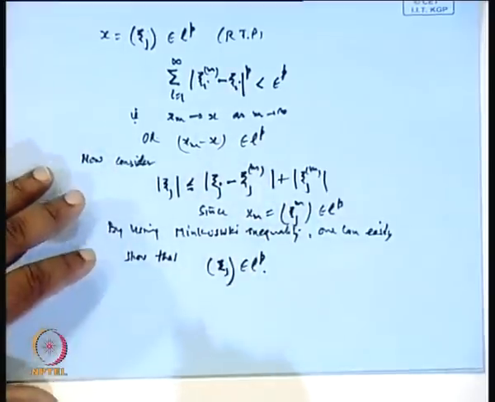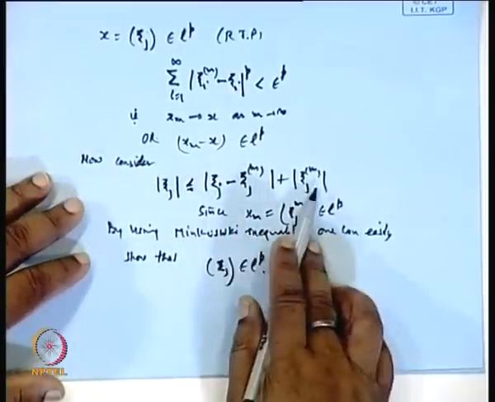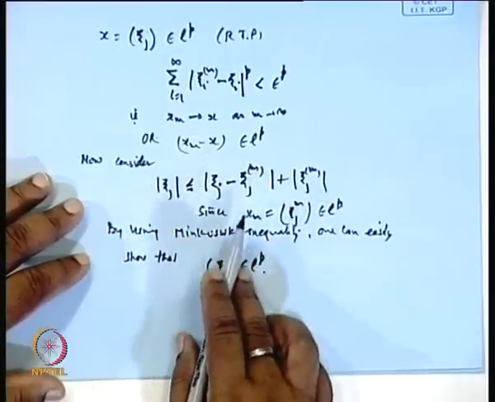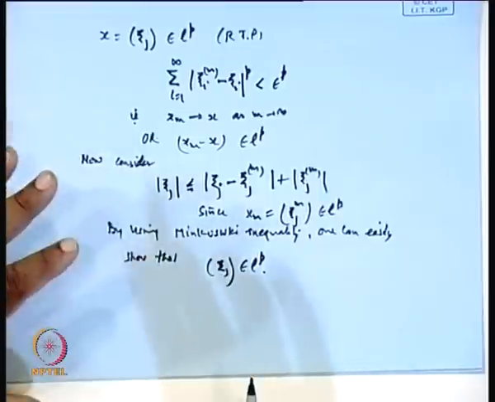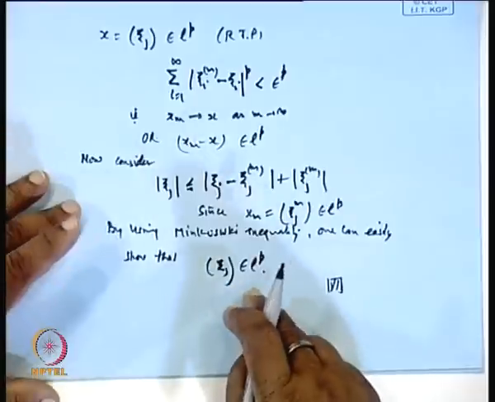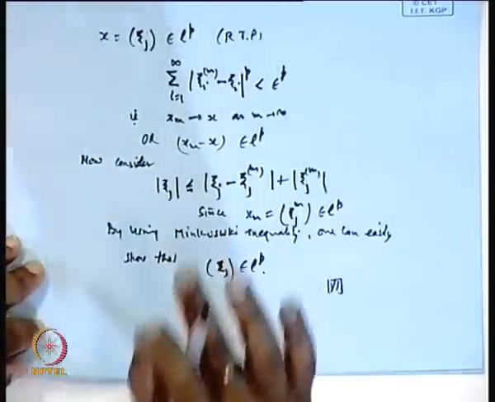If I take the power p summation and then apply the Minkowski inequality, we get this is in l^p, and this proves the result that l^p under this metric d_p is complete.